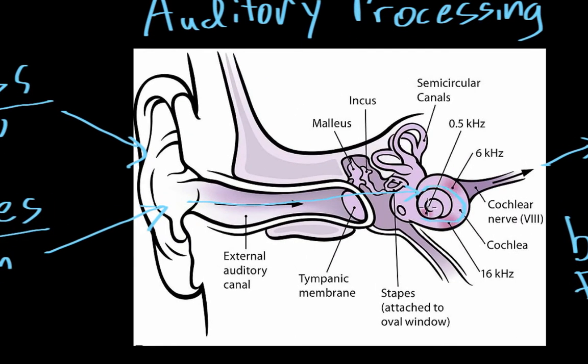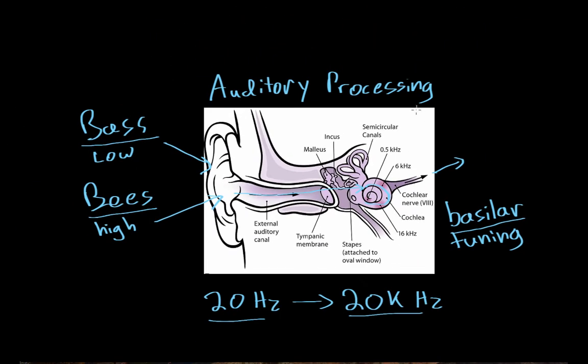Inside the cochlea, there's actually a membrane that contains a bunch of hair cells. If we took the cochlea, which is normally rolled up like this, and unrolled it so that it was flat, there are varying hair cells. This is the base of the cochlea, and this is the very apex, the very tip.